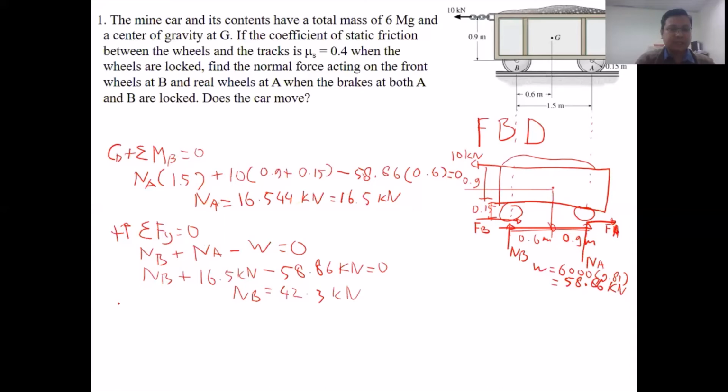For the first question, if the wheels are locked, now we calculate the force that occurs at A and B. The first is FA.